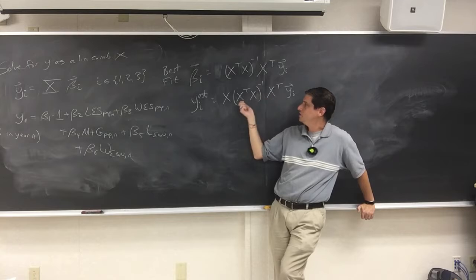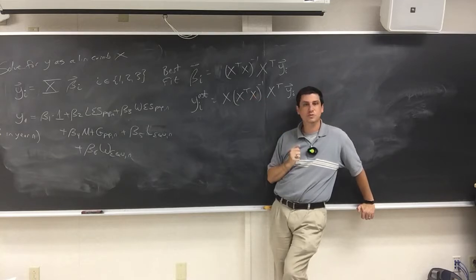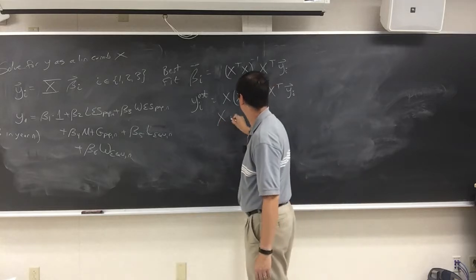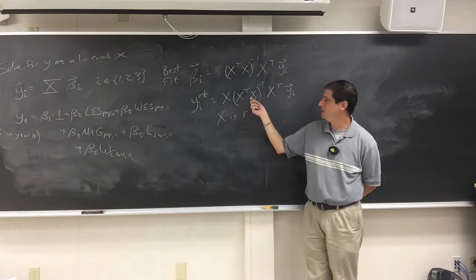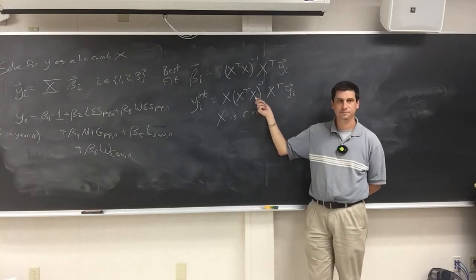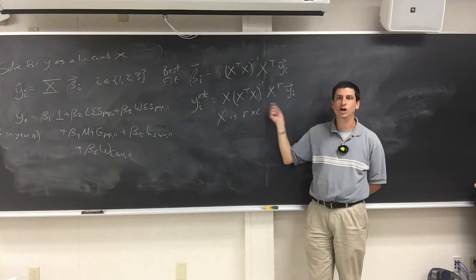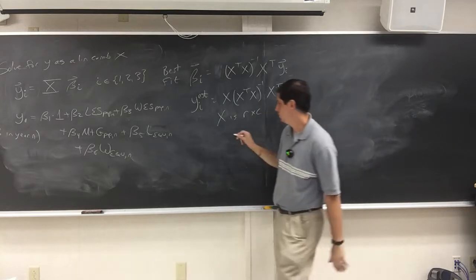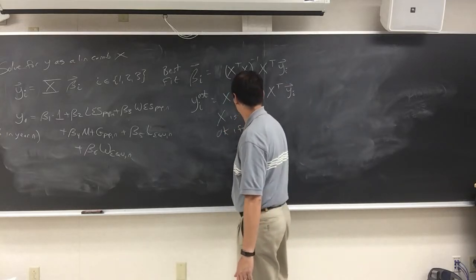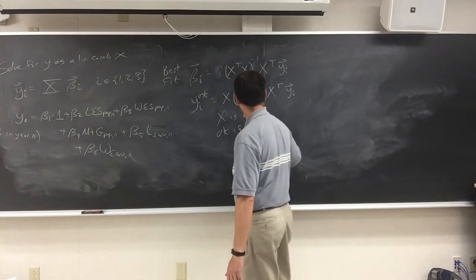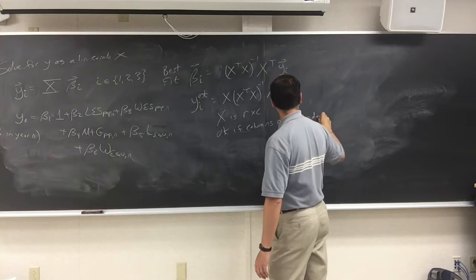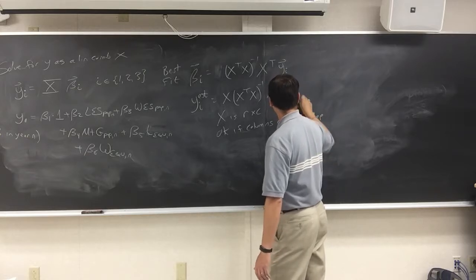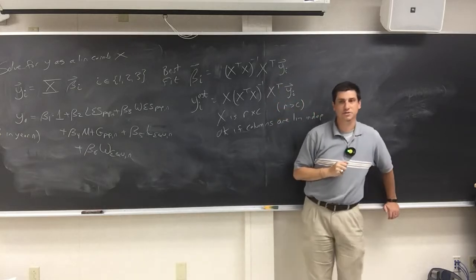And so now when I have something like this, the question is, when is X transpose X going to be invertible? Well, let's say X is R by C. So this is going to be a C by C matrix. So I need the columns to be linearly independent. So we're okay if the columns are linearly independent. And in general, you should have more rows than columns.